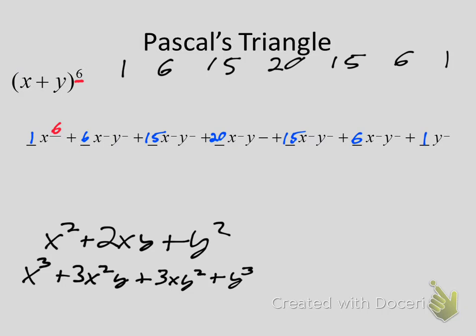There's a pattern there that will help you. The single x and single y at the ends have the same exponent. Everybody see that? This first x has an x squared, this y has a y squared, this one has an x cubed, this y has a y cubed. So this y down here will be y to the 6th.